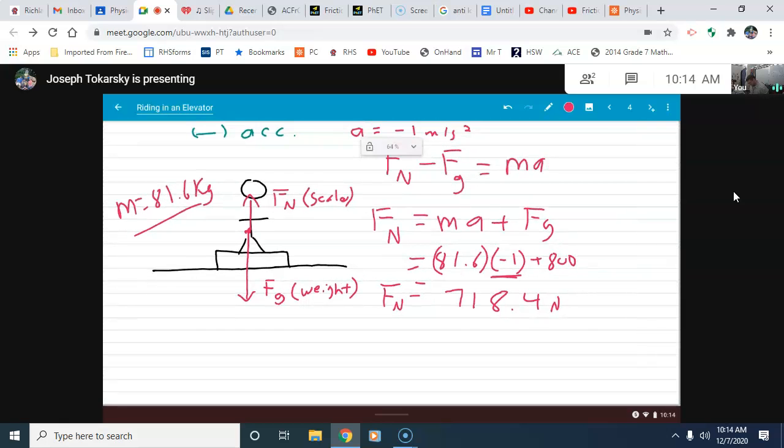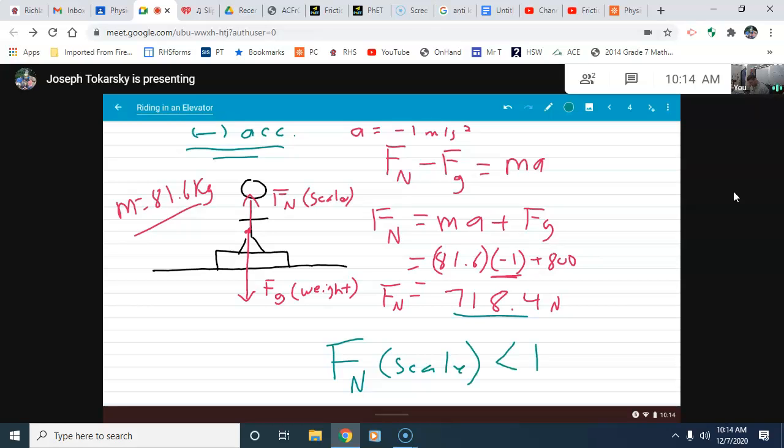So therefore, generally speaking, what we just proved right here is that when we have a negative acceleration, the scale reading, aka normal force, will always be some value less than your actual weight, F sub G.